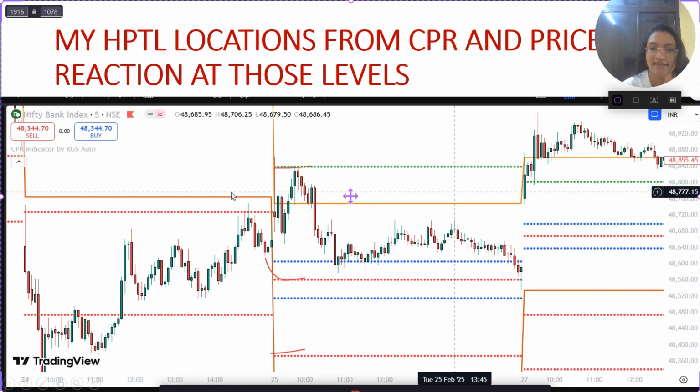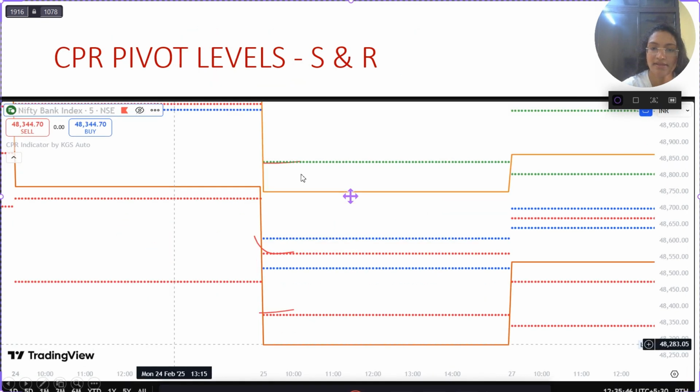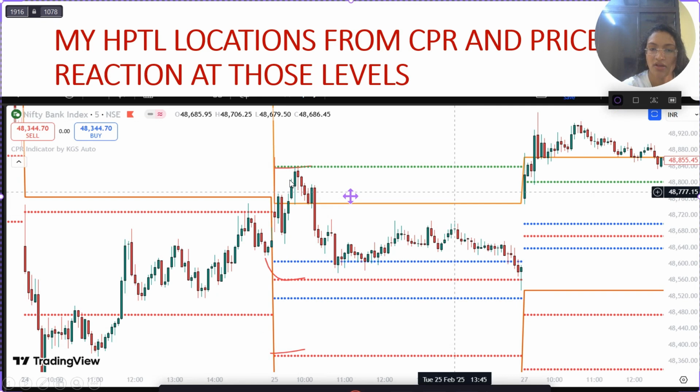This is the same chart. Once the price comes to this level, as I told you, I am bearish in this area. So I would like to read the order flow at this point. I am going to go to my order flow software, where I can see whether I could take the trade or not.